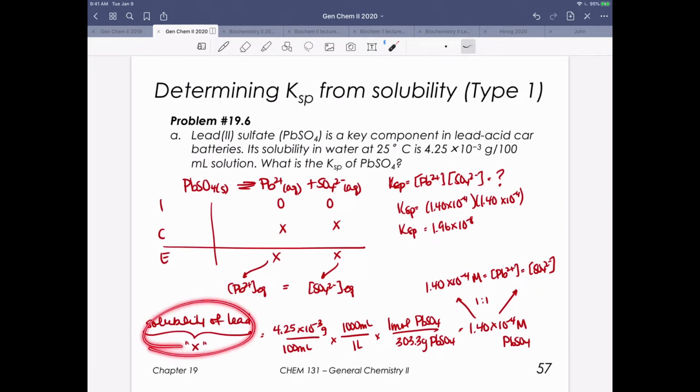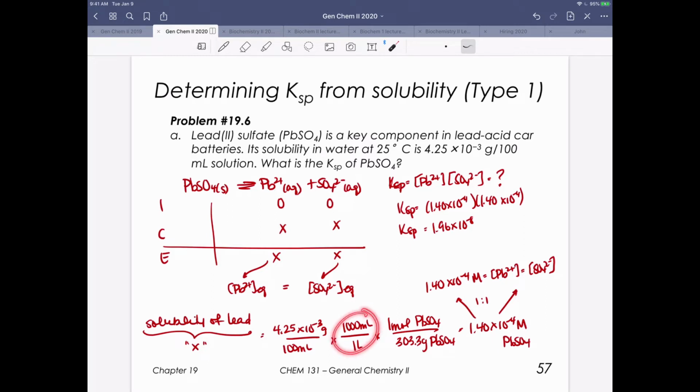Again, telling us what the solubility of lead is really is telling us what x is. With this problem, they give us the units in something different from molarity, but because we know we need to have molarity in order to use an ICE table, we need to do some calculations to convert this into molarity. So again, some basic unit conversions.